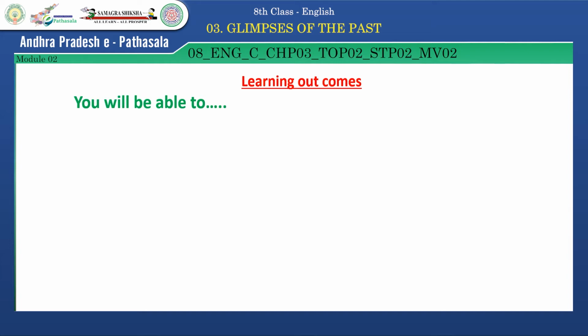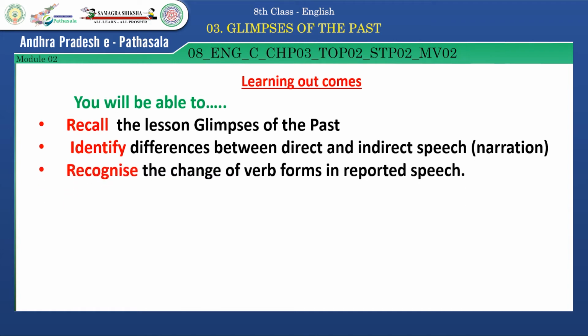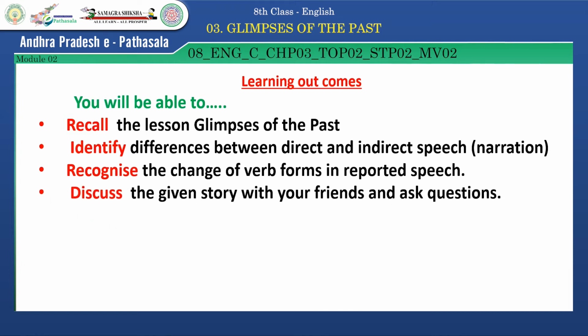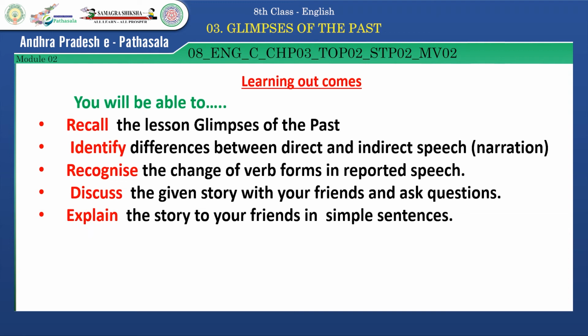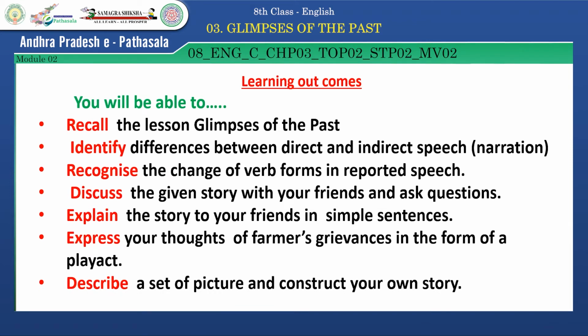By the end of this lesson, you will be able to recall the lesson Glimpses of the Past, identify differences between direct and indirect speech or narration, recognize the change of verb forms in reported speech, discuss the given story with your friends and ask questions, explain the story to your friends in simple sentences, express your thoughts on farmers' grievances in the form of a play act, and describe a set of pictures and construct your own story.